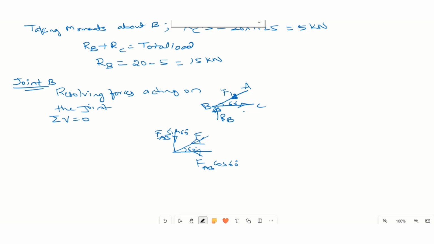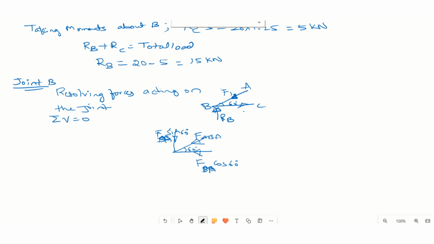This force is from A to B, so you can also write it as FBA, FBA cos 60.